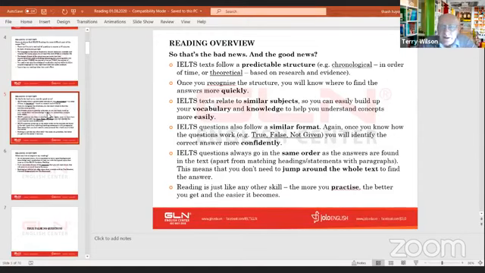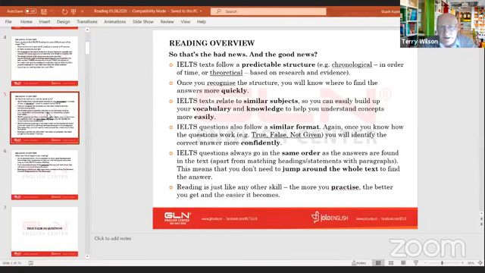IELTS texts follow a predictable structure. For example, chronological, that means in order of time, or theoretical, based on research and evidence. Once you recognize the structure, you will know where to find the answers more quickly.